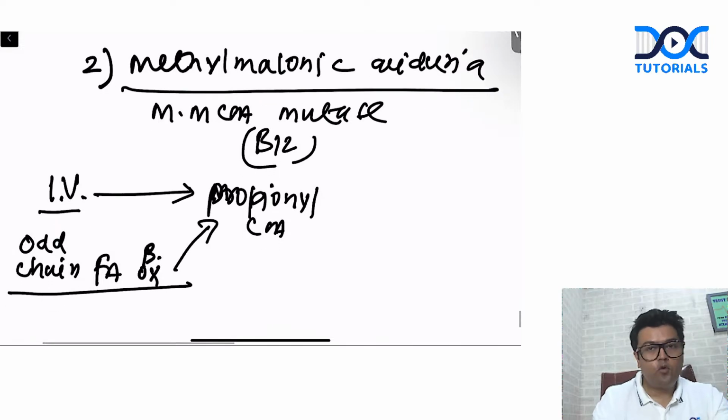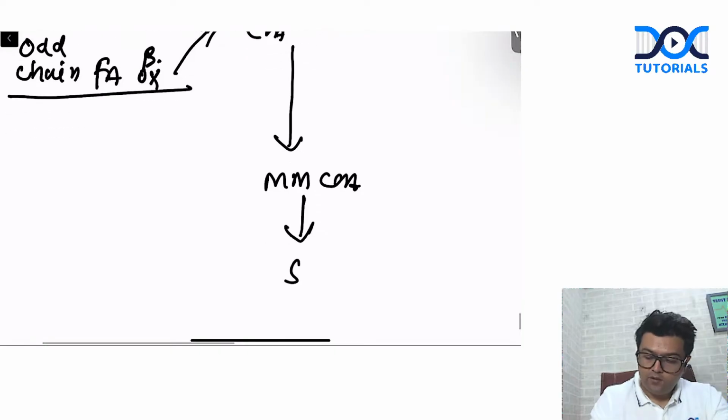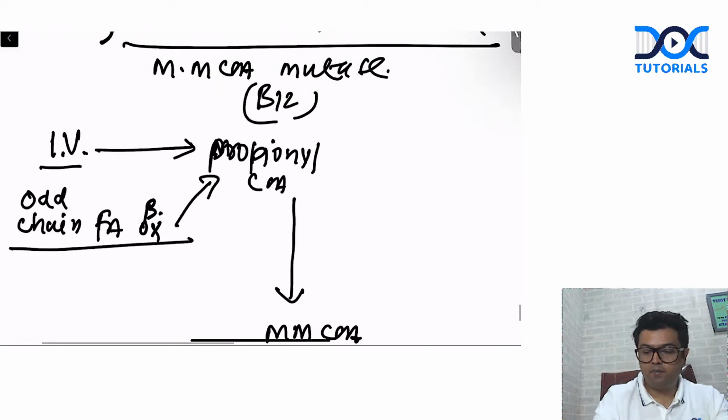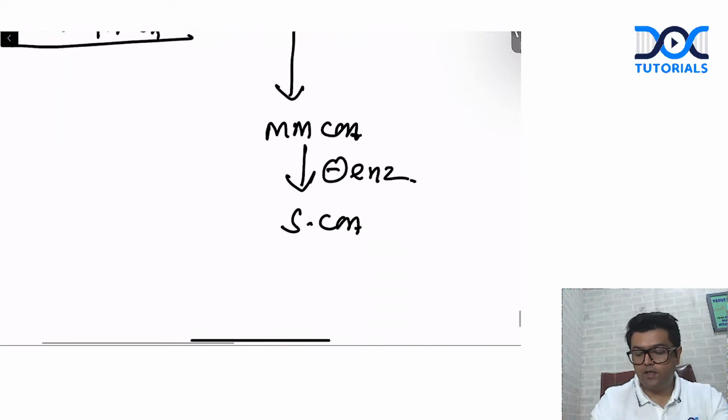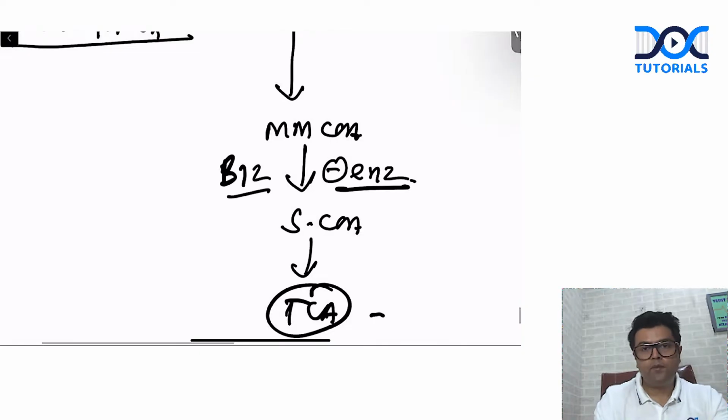That is also making propionyl CoA, and then propionyl CoA converts into methylmalonyl coenzyme A, and then methylmalonyl coenzyme A converts to succinyl coenzyme A by this enzyme which is deficient in this disease, this enzyme mutase. So succinyl CoA then goes to the Krebs cycle. So guys, this is an enzyme which is B12 dependent.